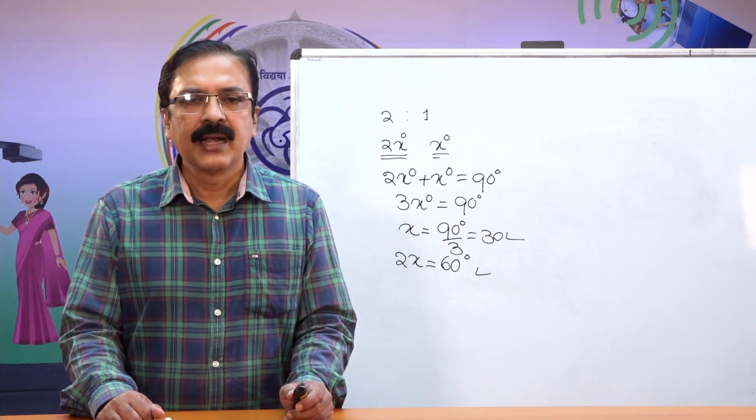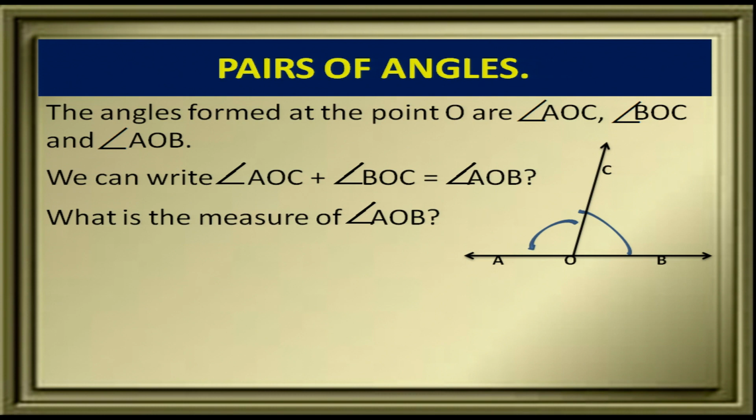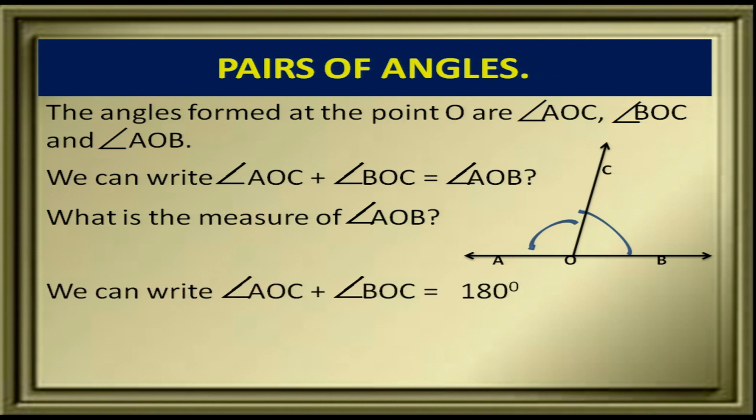So you can write angle AOC plus angle BOC is equal to angle AOB. What is the measure of angle AOB? As AB is a straight line, AOB is a straight angle, which means its measure is 180 degrees. So we can say that angle AOC plus angle BOC is 180 degrees.